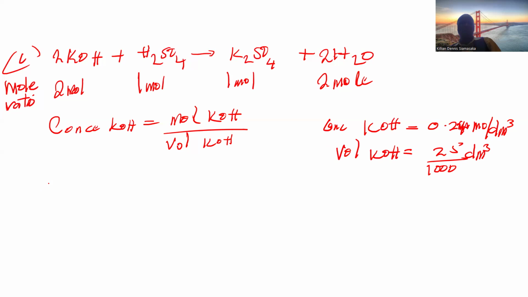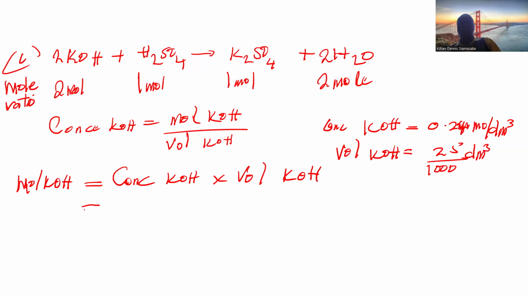Therefore, from this equation, we can say the number of moles of potassium hydroxide will be equal to the concentration of potassium hydroxide multiplied by the volume of potassium hydroxide. And this you know already.